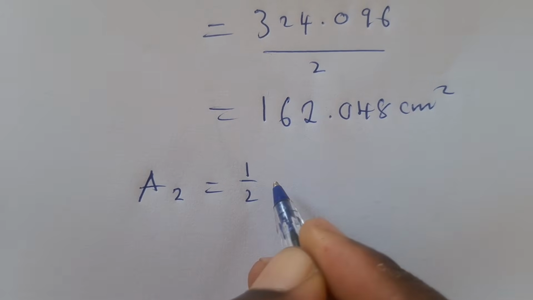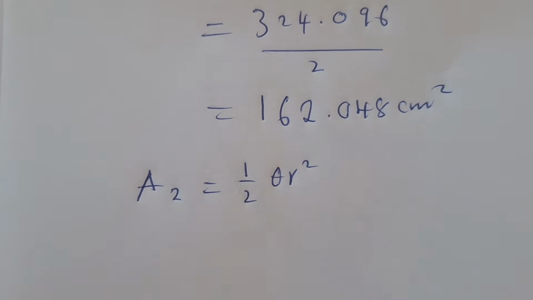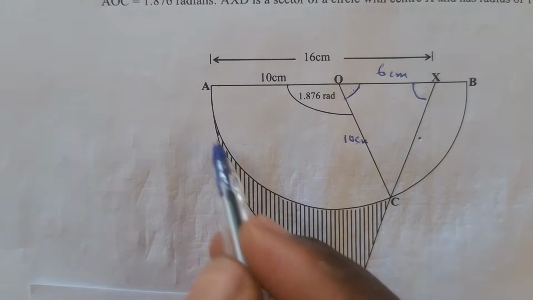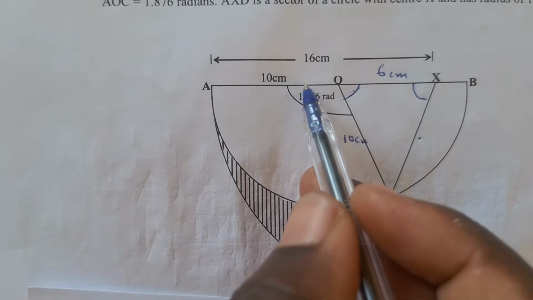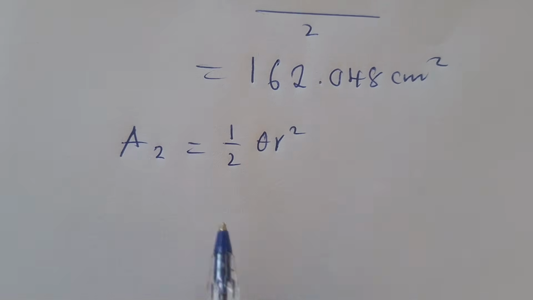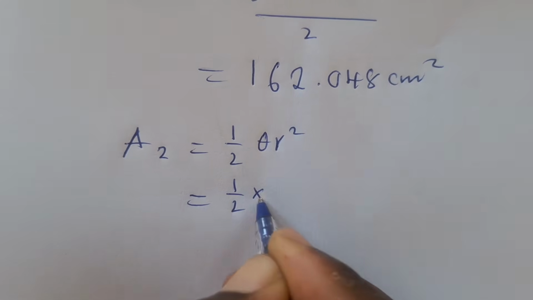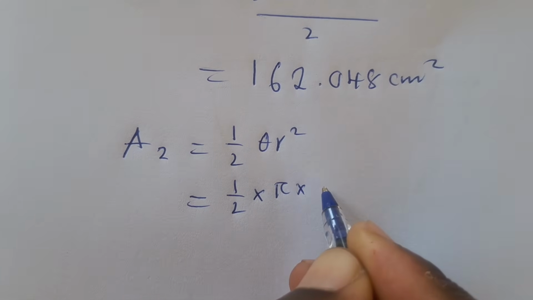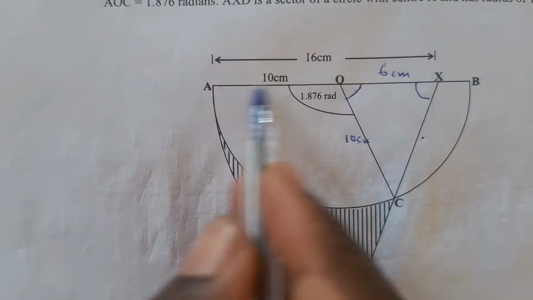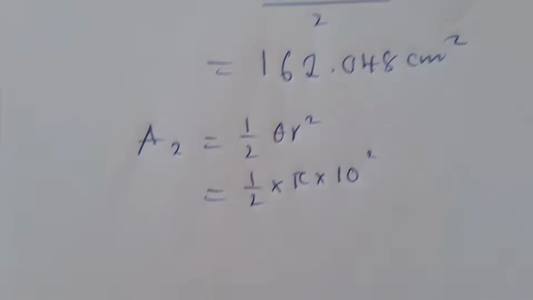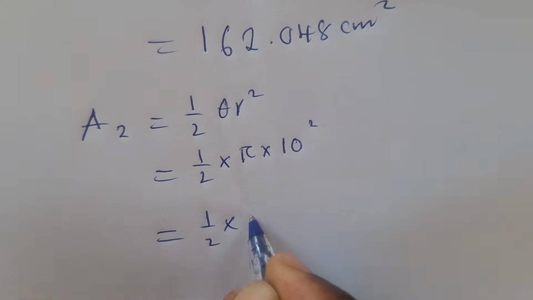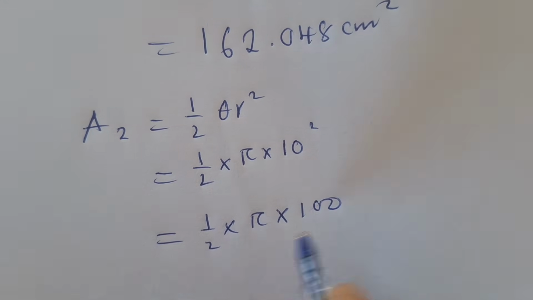Again, we calculate our area 2. So using the same formula, because it's in radians. So say, area 2 will be area of a semicircle. So the angle that we are going to use from here to here is pi. So we're going to say 1 over 2 times pi times the radius, which is 10 squared. We know that the radius of the semicircle is 10. We do the calculations here nicely. 1 over 2 times pi times 100.